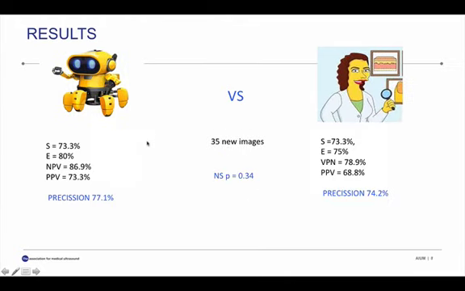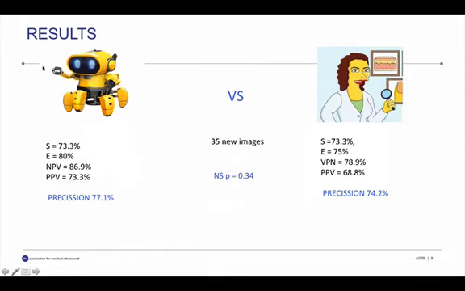What we found is that the algorithm could differentiate with 73% accuracy, with a sensitivity of 73.3%, with this specificity, and a high negative predictive value for malignancy discrimination, with a precision for both categories, malignant and benign, of about 77%, against the expert's 73%, and 75% specificity, with a precision of 74.